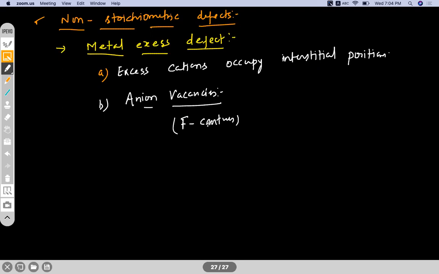This defect is similar to Schottky defect, and it is observed in crystals which show Schottky defect.